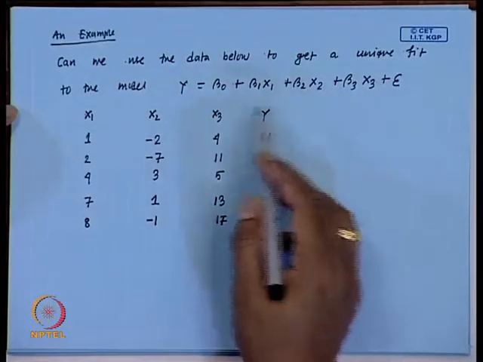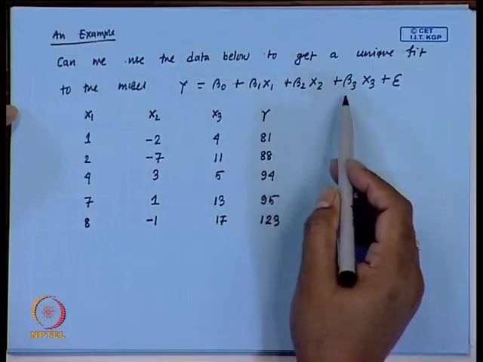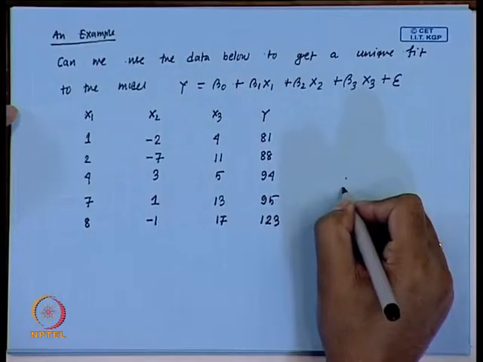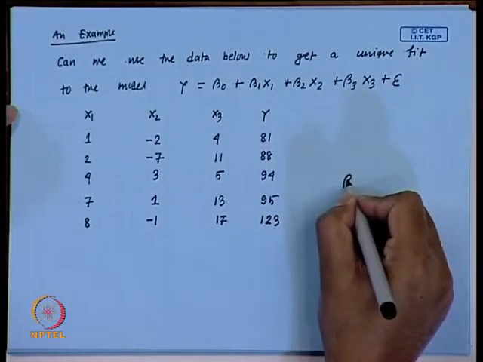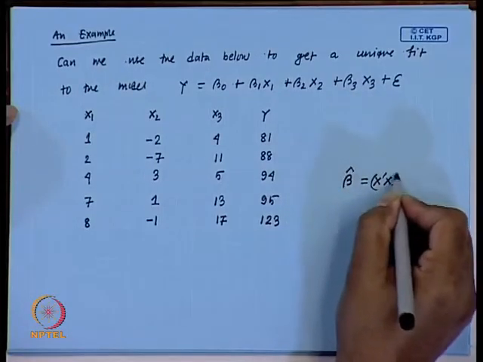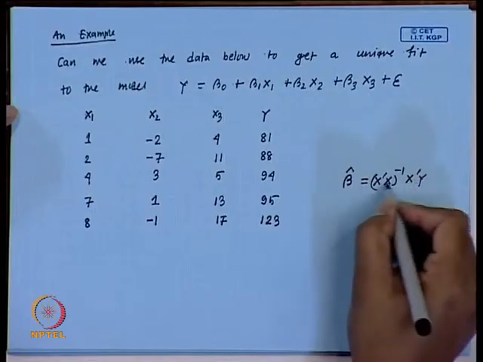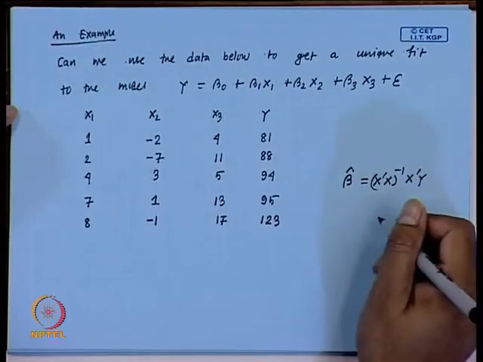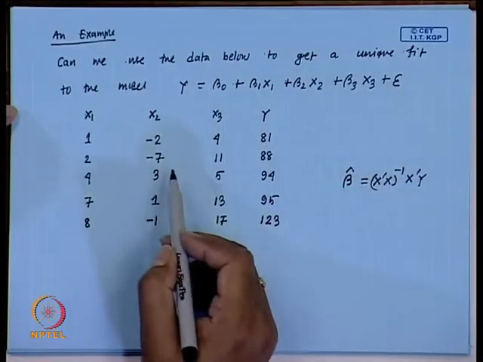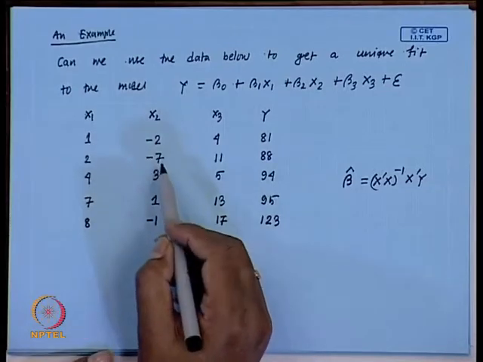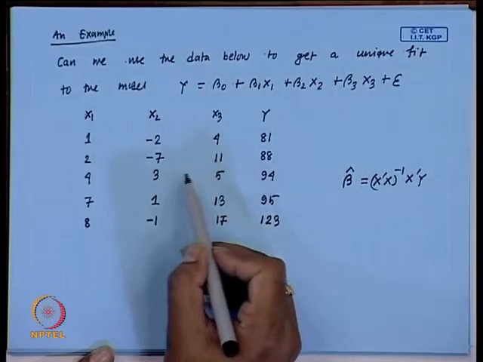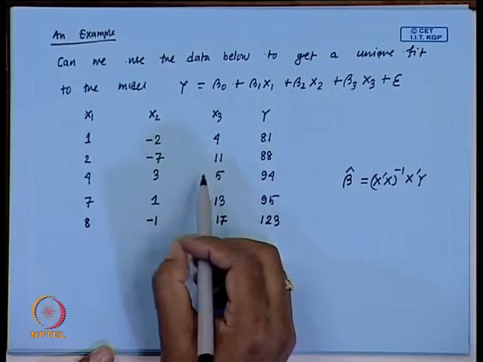Well, we can get a unique fit, that means we can estimate the regression coefficients using the least square estimate, that is beta hat equal to X prime X inverse X prime y, provided X prime X is not singular. Now, here if you observe, it is not difficult to check that these 3 regressors are not independent.